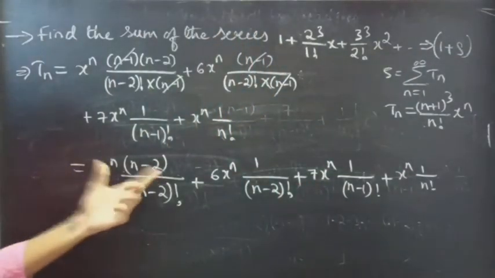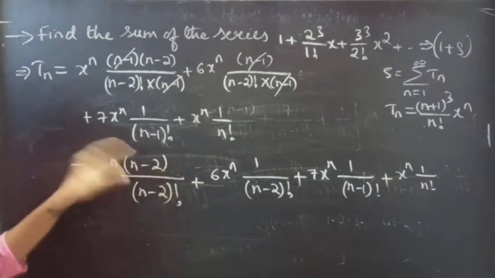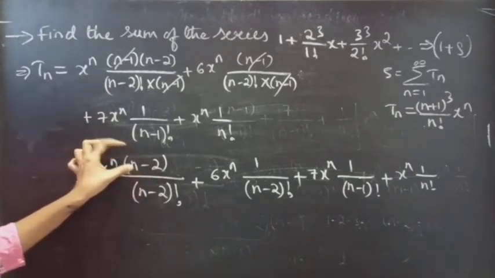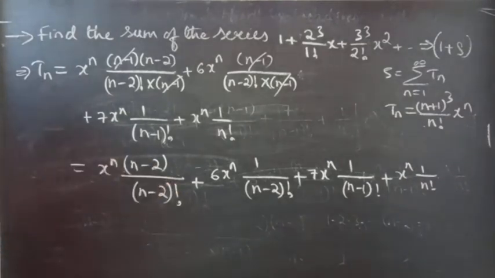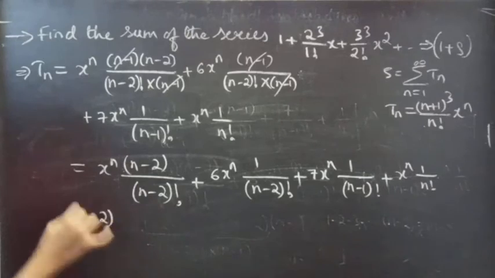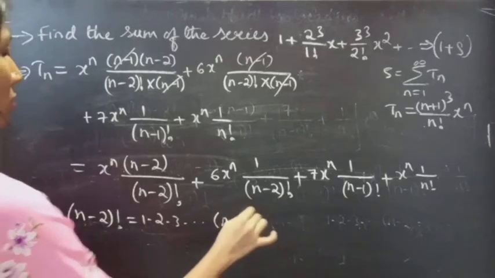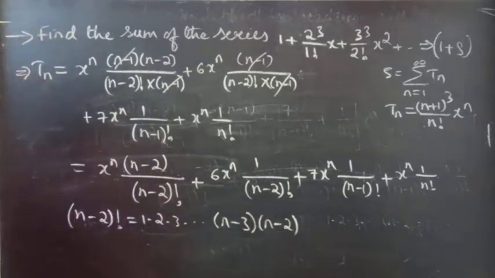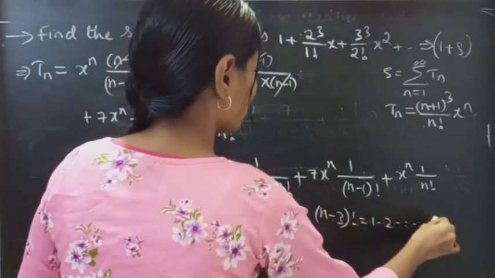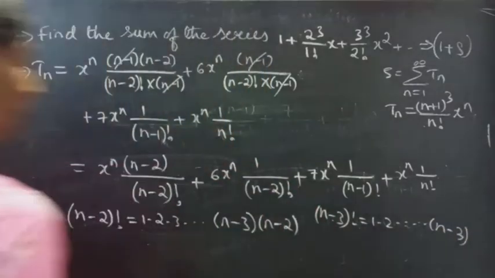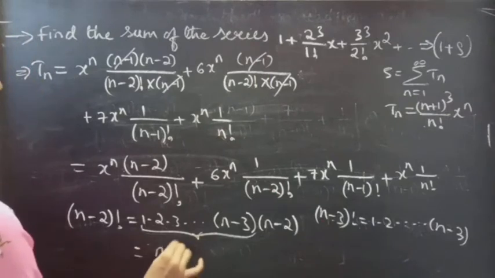Okay, so here in the numerator of the first term, you have n-2. In order to cancel this n-2, we'll replace (n-2)!. Since (n-2)! equals 1 into 2 into 3 and so on into (n-3) into (n-2), and (n-3)! equals 1 into 2 into 3 and so on into (n-3), we can replace 1 into 2 into 3 and so on into (n-3) by (n-3)!.